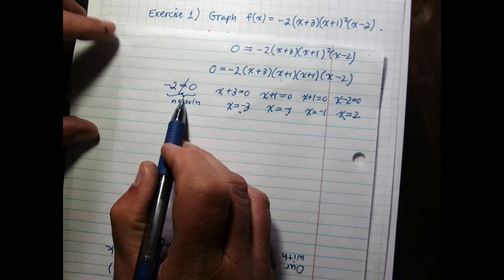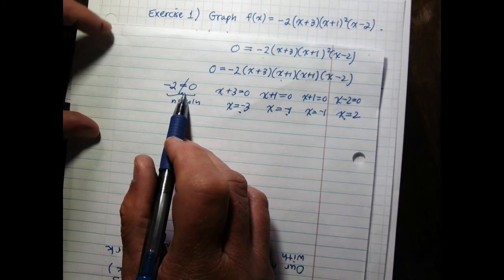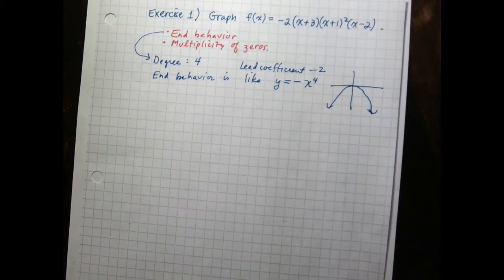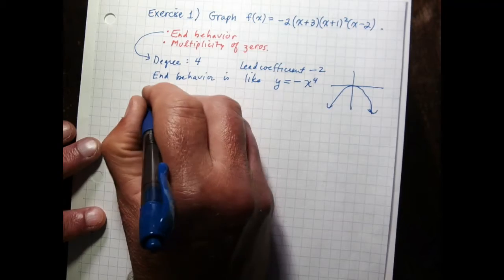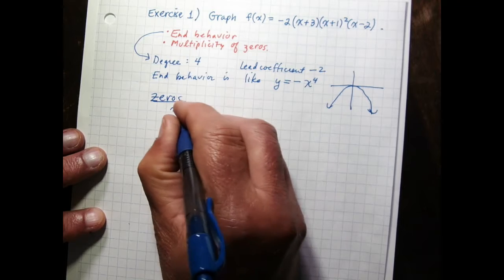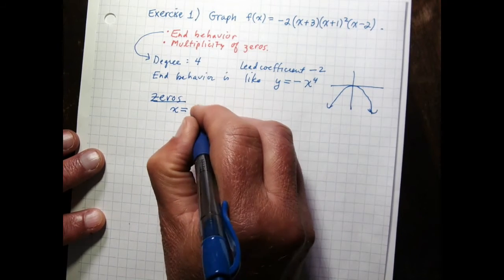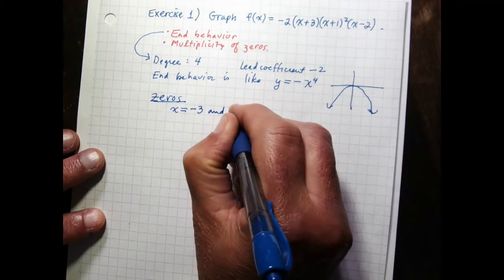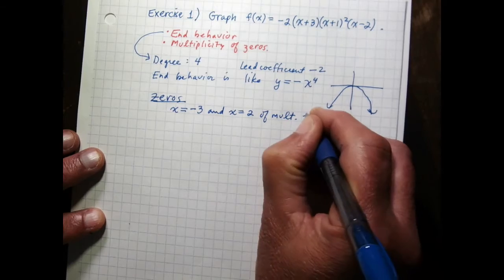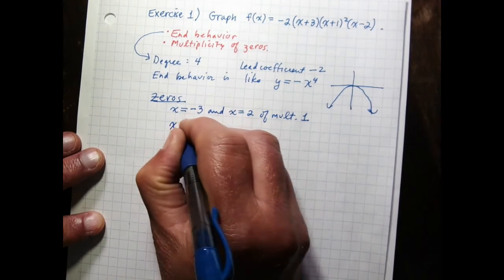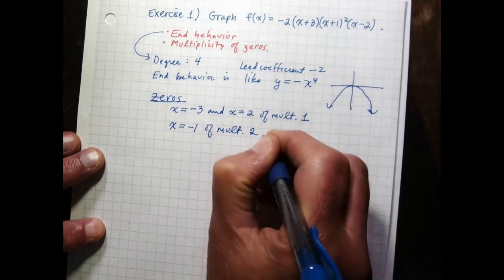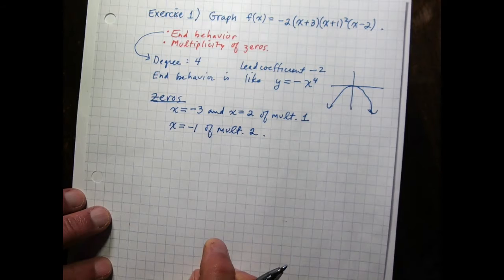There are no x-intercepts that correspond to it. There's no variable there that we can solve for. So we have 3 zeros. We have x equals -3 and x equals 2 of multiplicity 1, and we have x equals -1 of multiplicity 2, because that factor occurs to the second power.